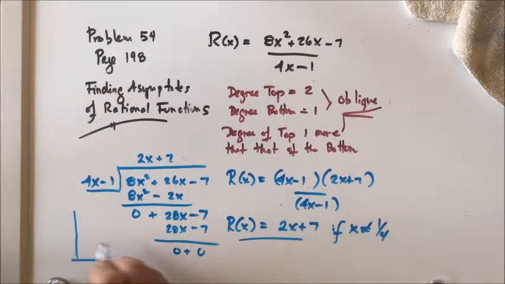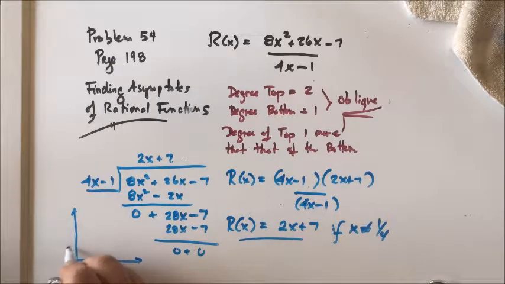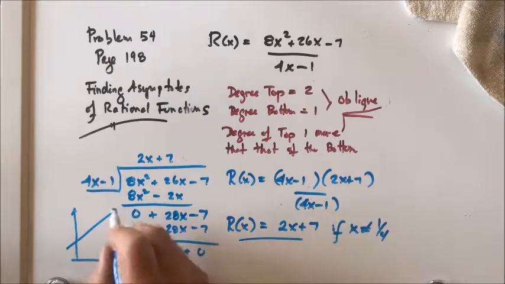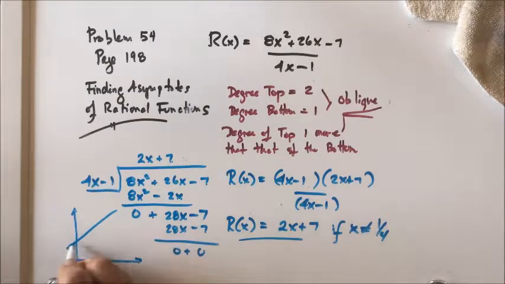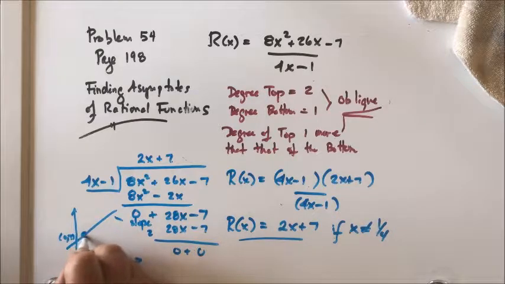As well you know, rational functions can have very wild behavior, but in this case, this reduces to a line that looks something like this. It's got a slope of 2 and it's got an x-intercept of 7. It has one other feature, and that is right there, it has a little hole at x equals 1/4.